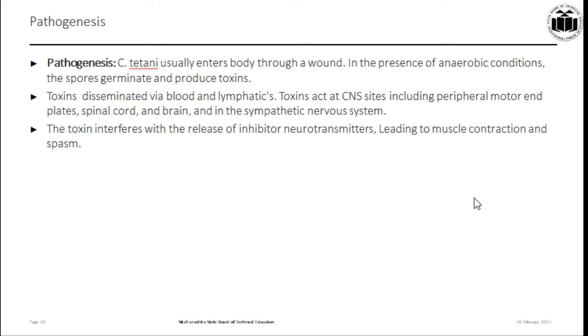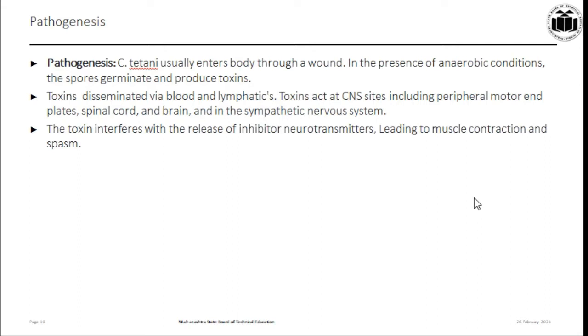The toxin produced by this bacteria is disseminated through the lymphatic system and also through the blood system and circulated throughout the body, which mostly affects the muscular system and CNS.